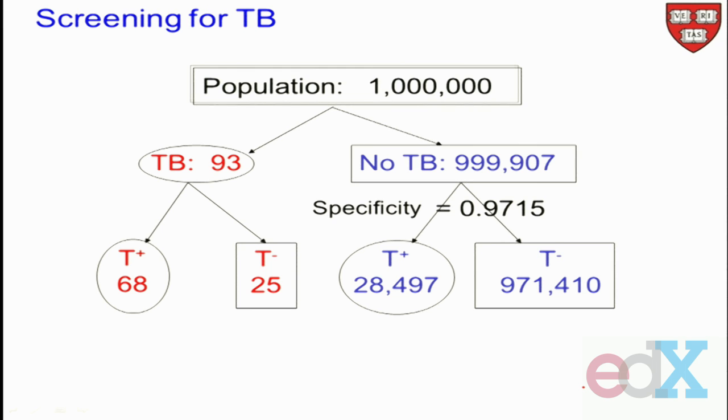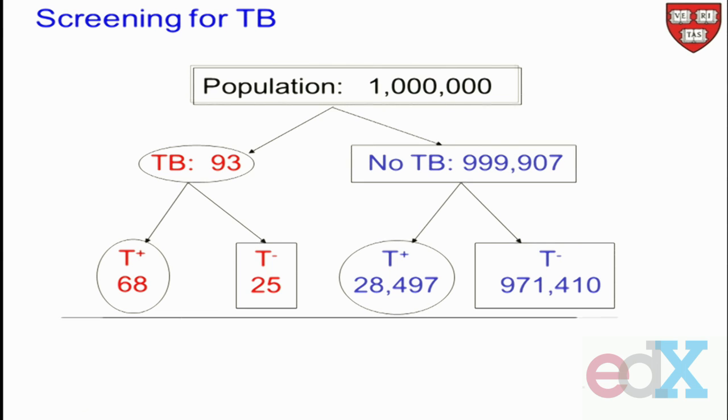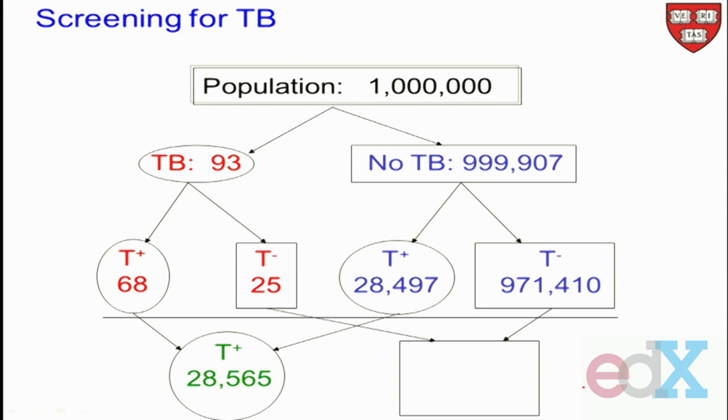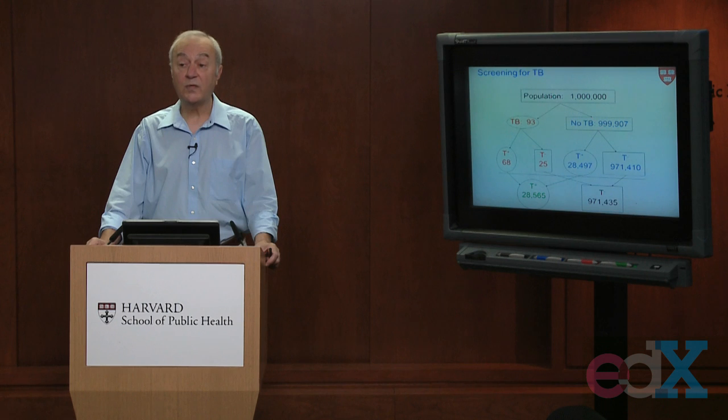Now, we see the impact of this when we draw the line and say, all right, all of this is above the line. We don't see this. What we see is what happens below the line, where the positives are collected, and we find that there are 28,565 positives, and collect the negatives, and we see that there are the remaining 971,435. So this is what we see.